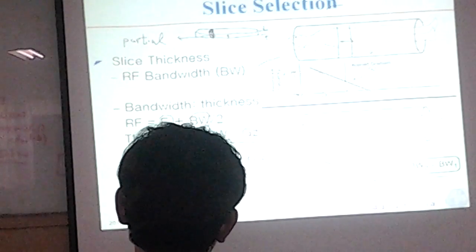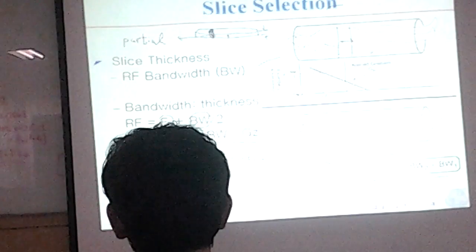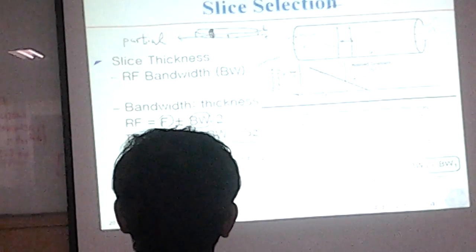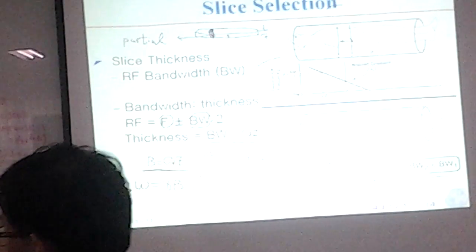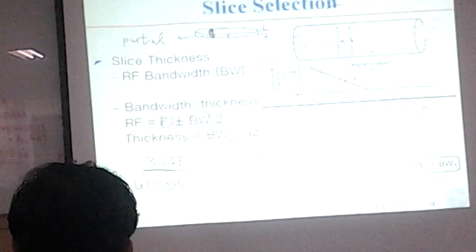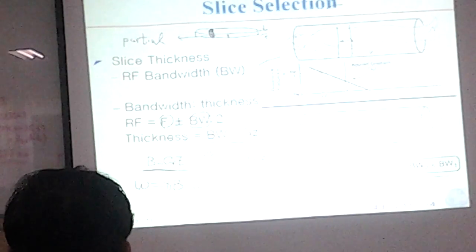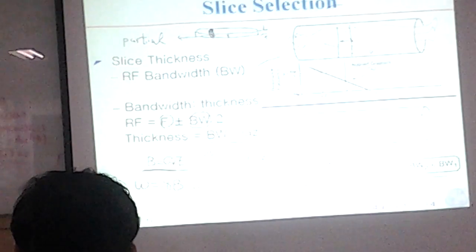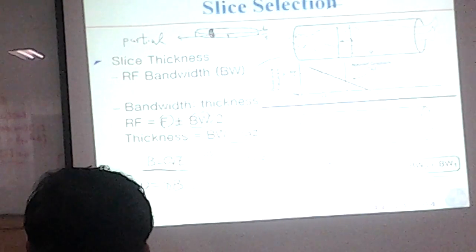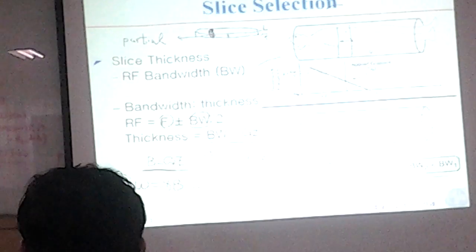So the resolution and the SNR are in a trade-off relationship. How thin is a good slice? It depends on the size of small structures of tissues. The smaller is better.